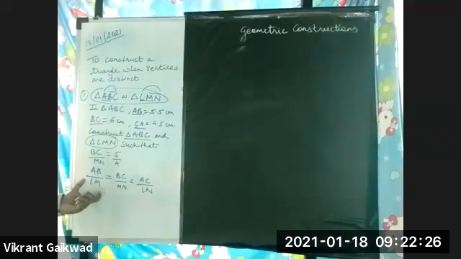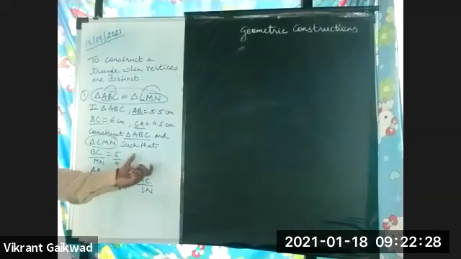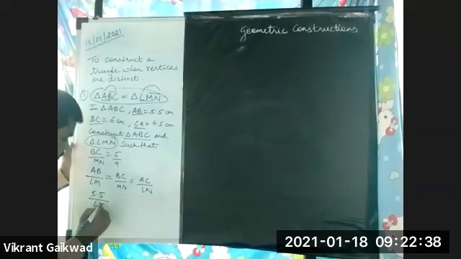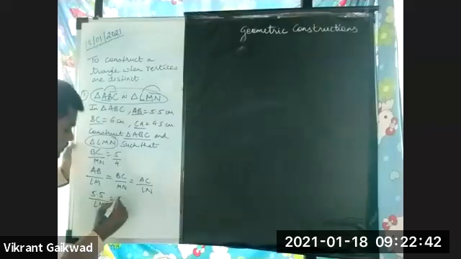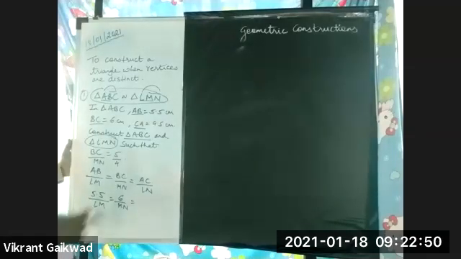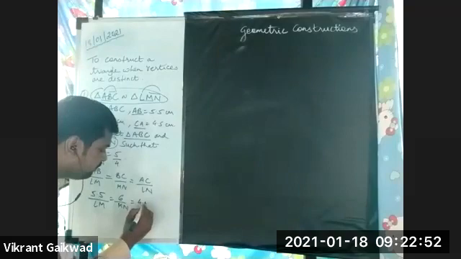Now you've got AB upon LM equals BC upon MN equals AC upon LN. Now just substitute the values. In place of AB, 5.5. LM, you don't know, keep it as it is. In place of BC, you're going to substitute 6. You don't know MN. And in place of AC, you're going to substitute 4.5.